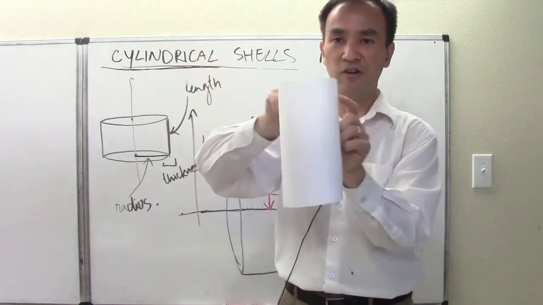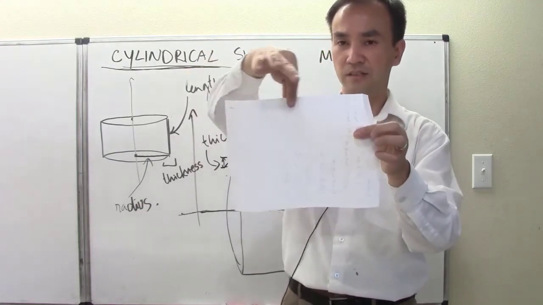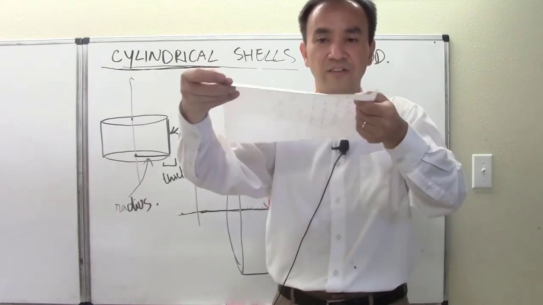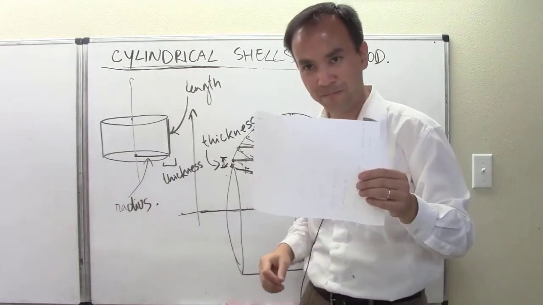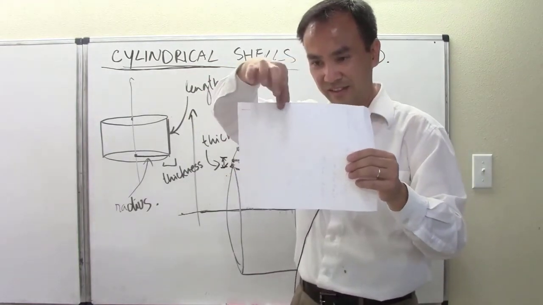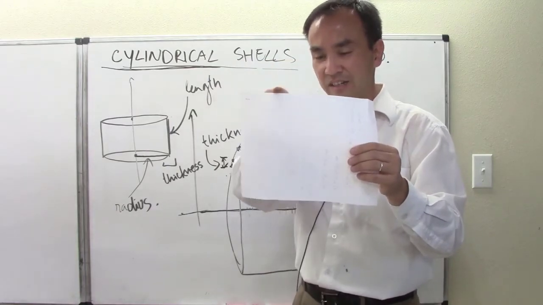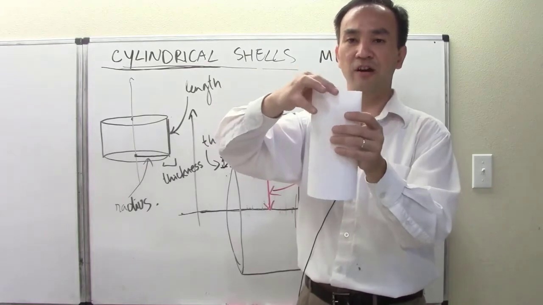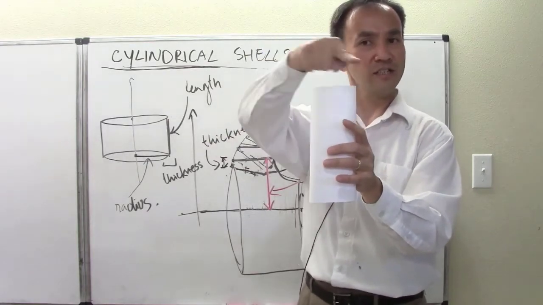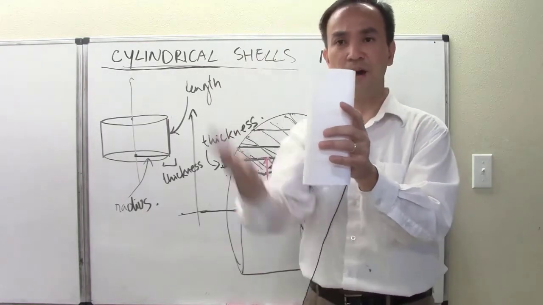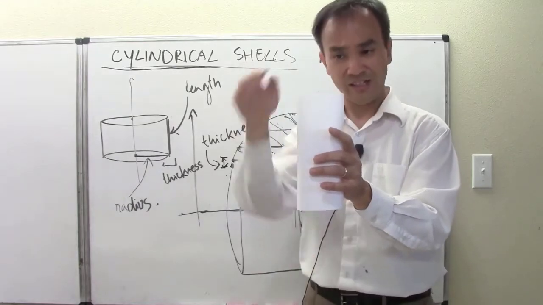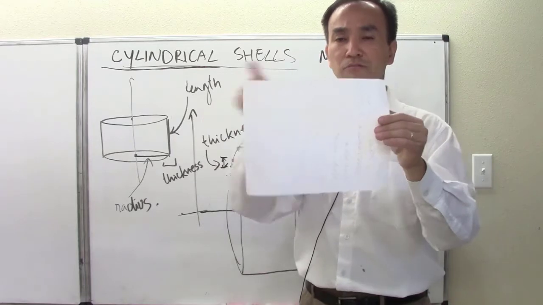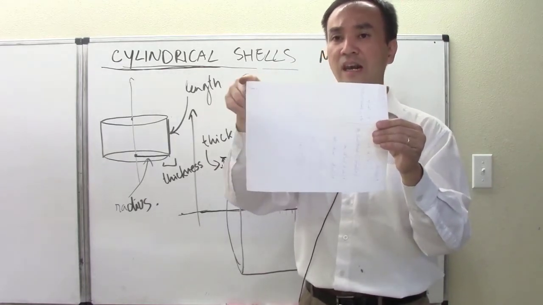The thickness of our shell becomes the thickness of this sheet of paper. See how thick that is? We can't even see that in front of the camera. So the thickness is here, and now this is the circumference of the shell. I'm talking about circumference because the shell has a top and bottom in circular shape, and so the circumference of the shell after being unrolled becomes the length of the sheet of paper.